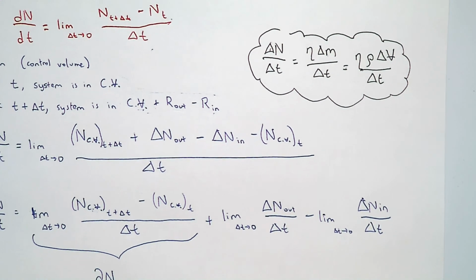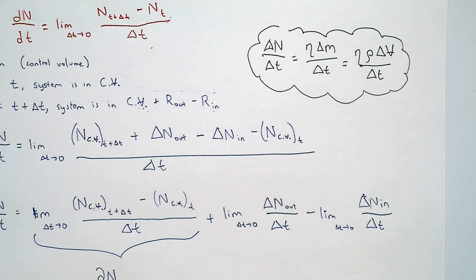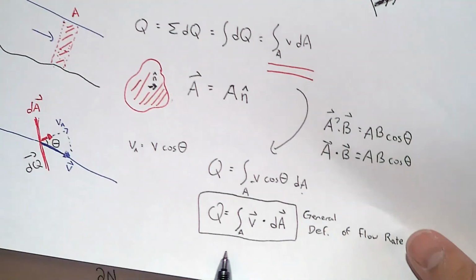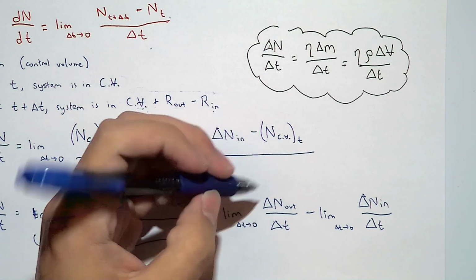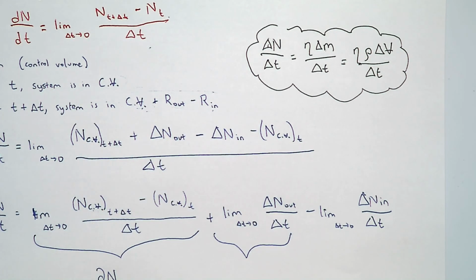So if I want to write it in integral form, if you don't remember, that's fine. We can go ahead and review our definition of a flow rate. Our definition of flow rate is the integral of v dot dA. So now we can write this limit as an integral. What integral?